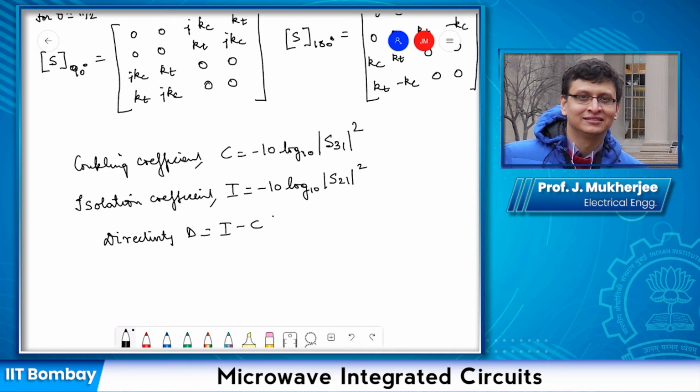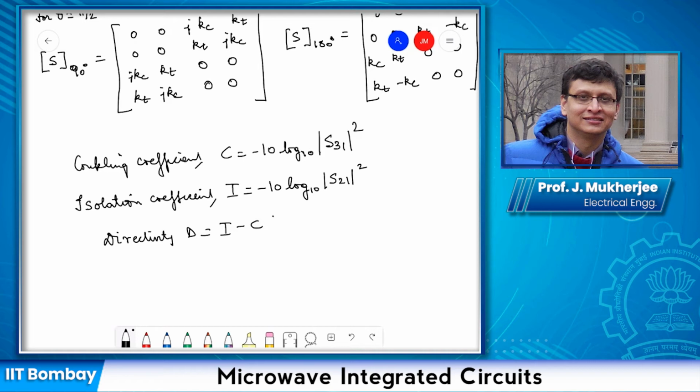Or suppose if the coupling is very high, that is very less power is going to port 3, then directivity is also very poor. Okay, so directivity is a measure of how much power is going to the through port.